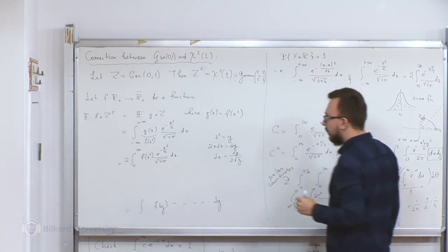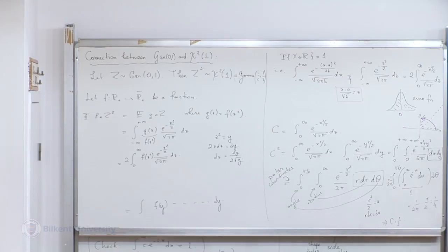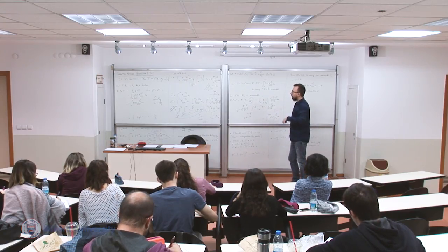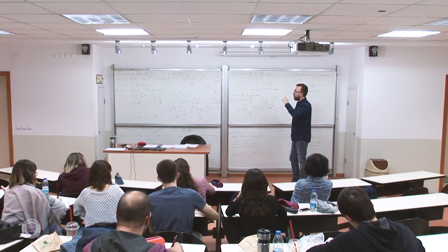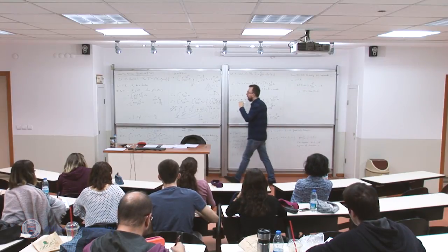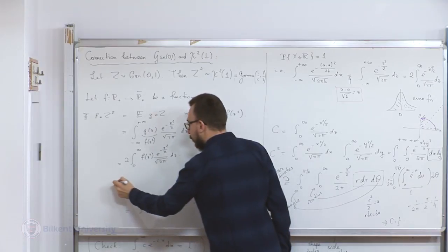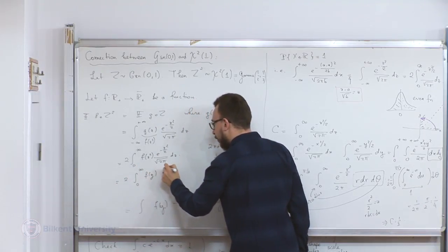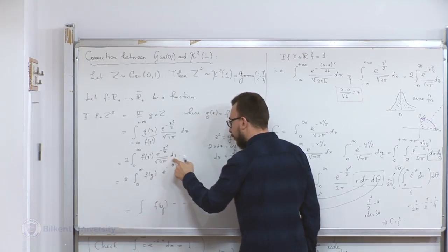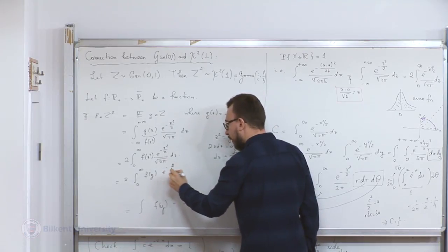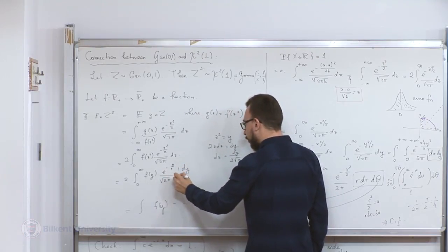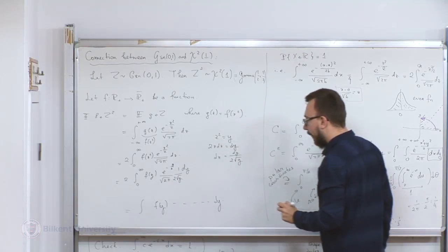So now we can do this change of variables. It's 1 to 1 now. So z is going from 0 to infinity if and only if y is going from 0 to infinity. So this is 2 times the integral from 0 to infinity of f of y e to the negative y over 2, over square root of 2 pi, and dz is dy over 2 square root of y.